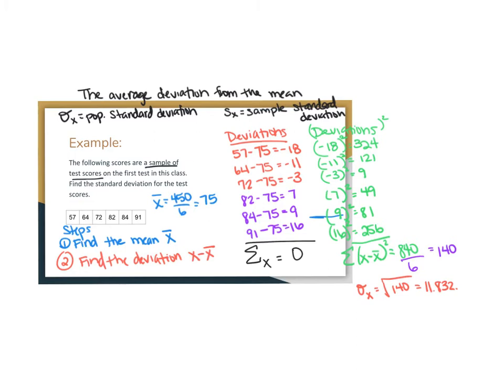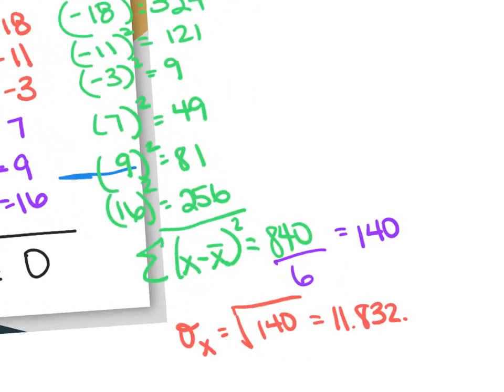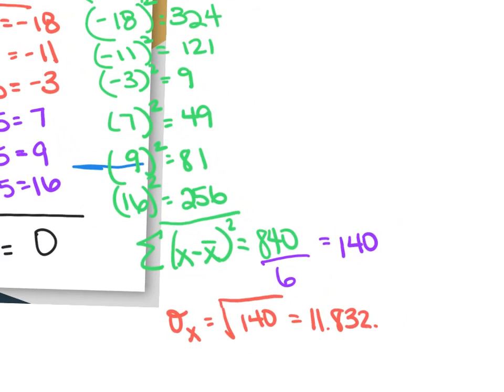And remember, this number that we're getting from the squared deviations is the average from dividing by 6. The average of squared deviations was equal to 140. So this is what we call our variance. And we call the variance sigma squared x, because it is the square of the deviations. The problem with the variance, though, is that it's a squared term.